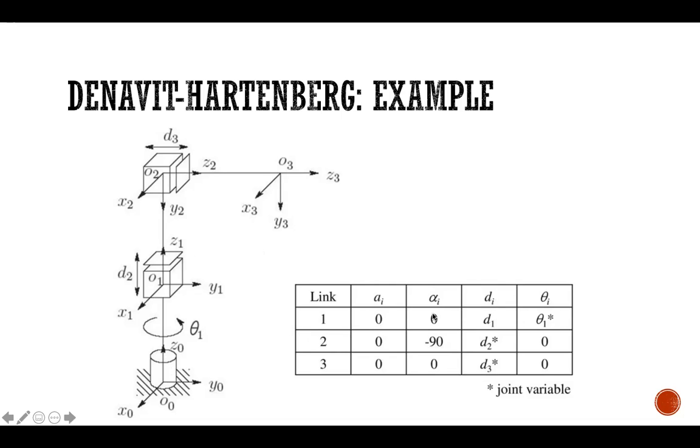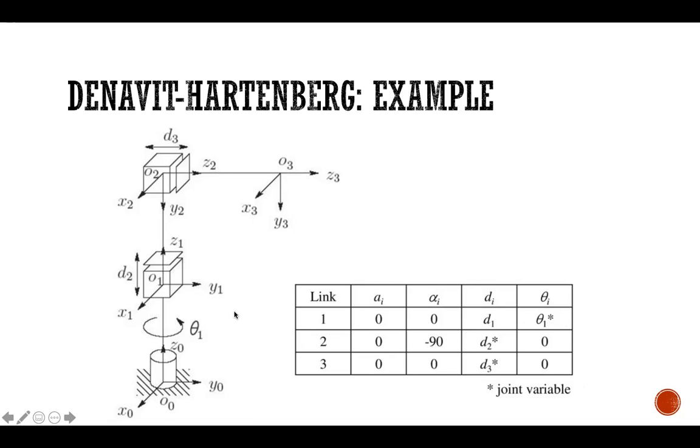Also, the angle between the axes, along the x-axis, is equal to 0, since there is no angle between z0 and z1. The distance between the two is equal to d1, which is this distance, and it's equal to the distance between the origins of the frames. The joint variable is defined as theta1, and you can see it here for the revolute joint.